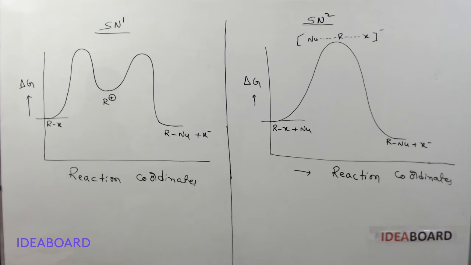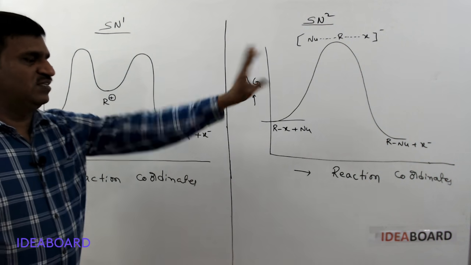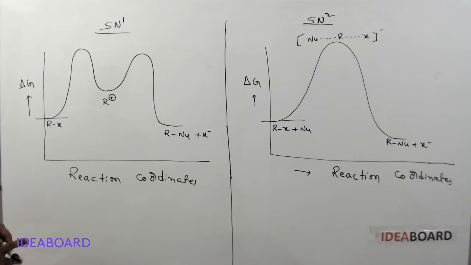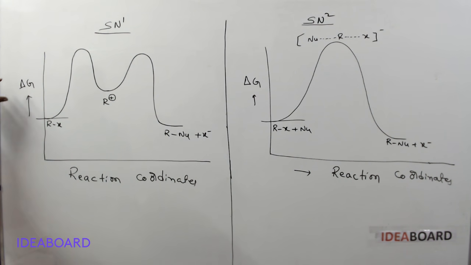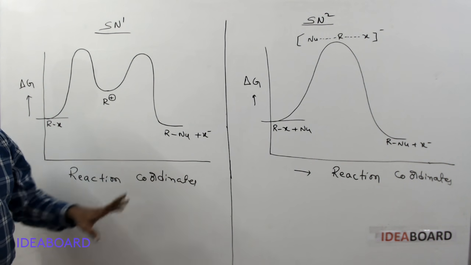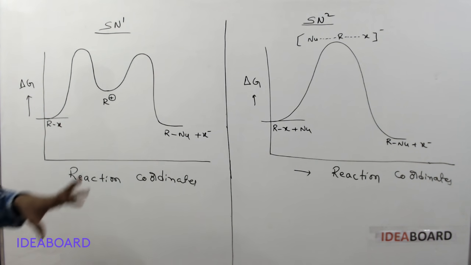The next point: the graphical representation of the SN1 reaction and SN2 reaction. If you take the graphical representation also, it has a difference. Here this is delta G, meaning Gibbs free energy change, and here is the reaction coordinate, meaning reactants to products.